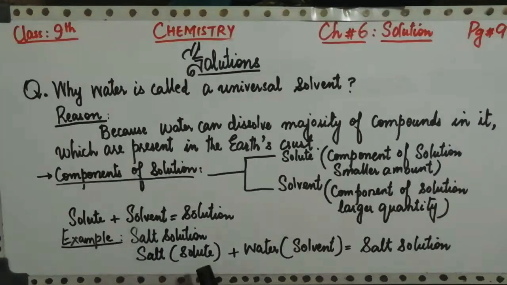Now more than one solute may be present in a solution. It is not necessary that only one salt or any sugar can dissolve in water. You can also add salt or any other substance along with it, so that two or more forms of substances can be added in solvent to make solutions.